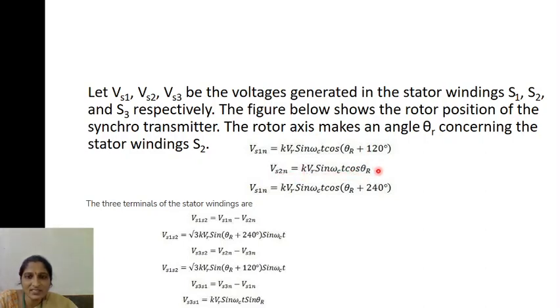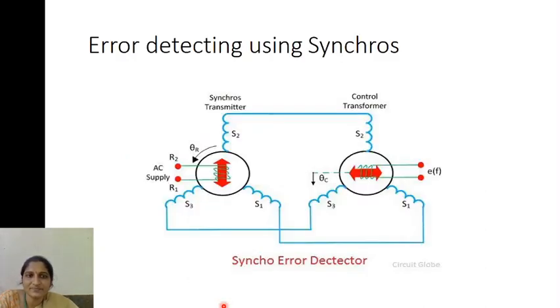That means these three voltages are displaced by 120 degrees. And the stator voltages can be found as Vs1s2 is equal to Vs1n minus Vs2n. So you can measure the stator voltages by using these formulas.